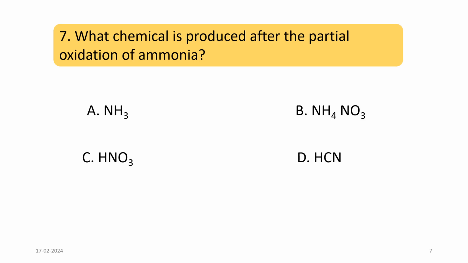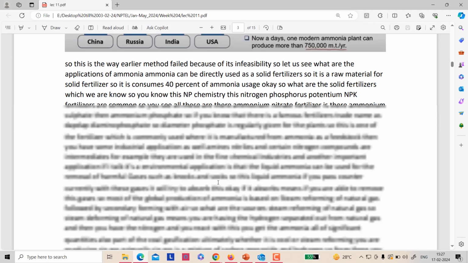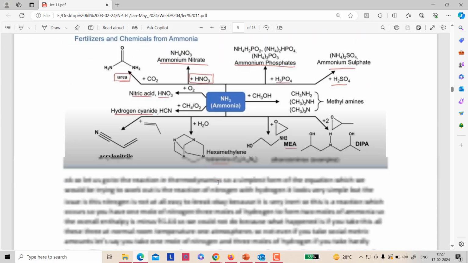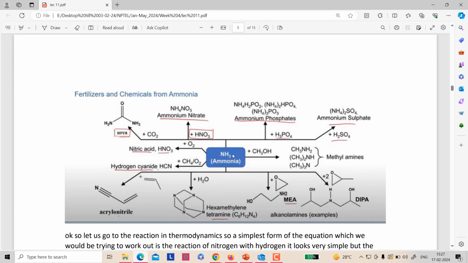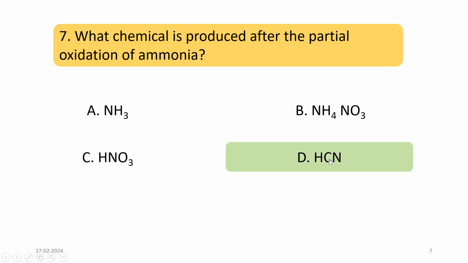So here the answer will be HCN, not HNO3. Because I am showing you, this is ammonia. After full oxidation of ammonia, nitric acid HNO3 is produced. But after partial oxidation of ammonia, hydrogen cyanide, that is HCN, is produced. So in this case, our answer will be HCN.